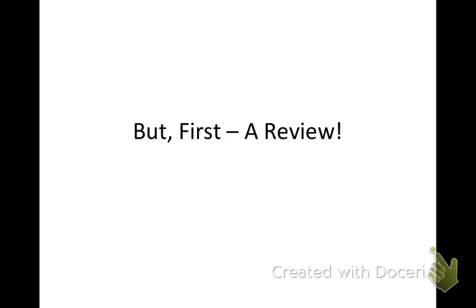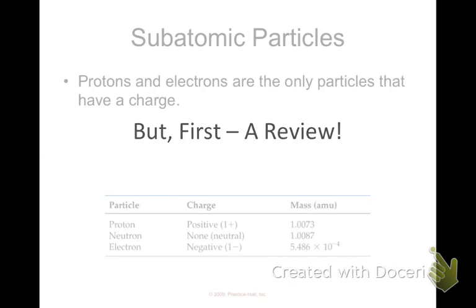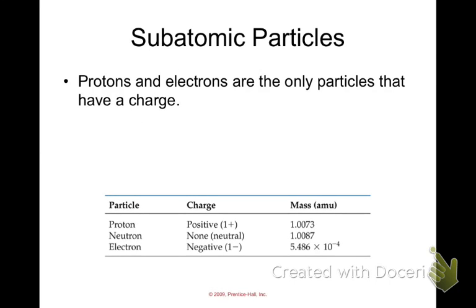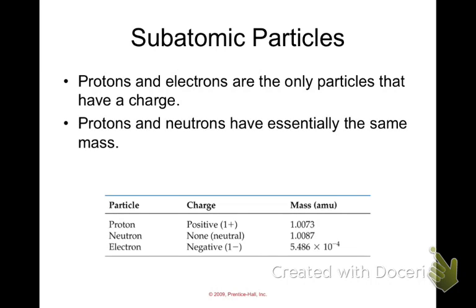Okay, but first, let's review a couple of things. Subatomic particles. Protons and electrons are the only particles that have a charge. Remember, protons are positive, electrons are negative, neutrons are neutral. Protons and neutrons have essentially the same mass.